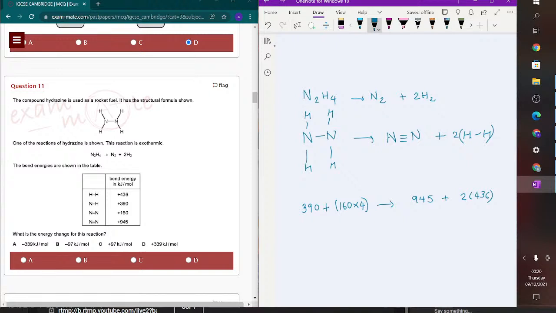So 390 plus 160 into 4, 1030. 945 plus 2 into 436, 1817.